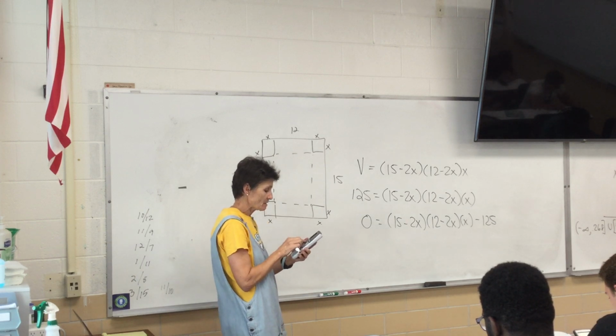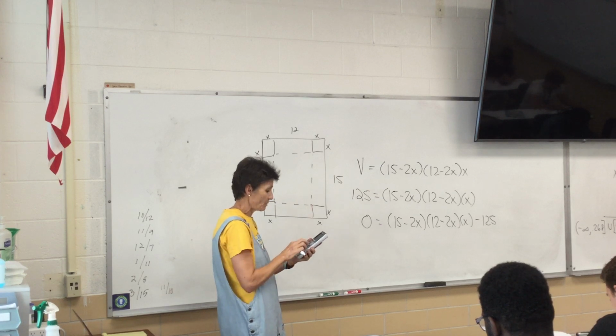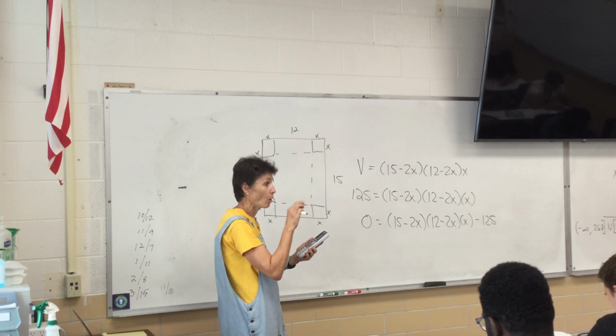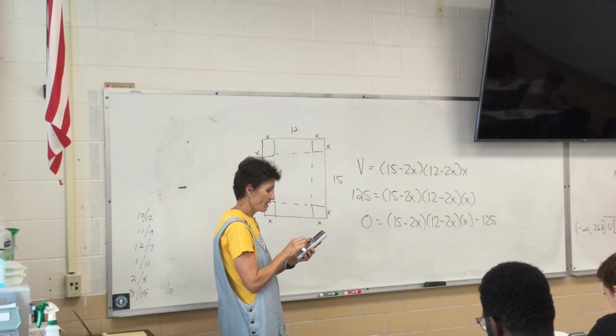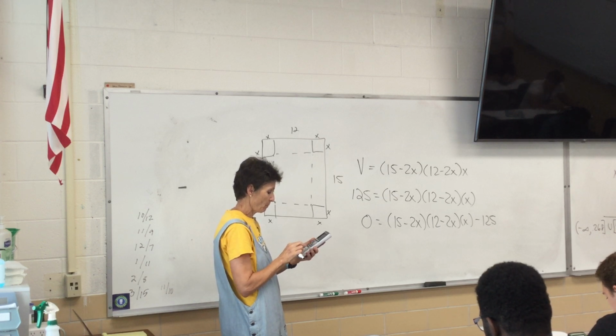Okay, are you finding some answers? I'm not sure which way you did it. Are you finding points of intersection or zeros? One way or the other? All right, let's see what you come up with.